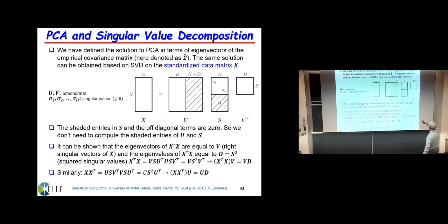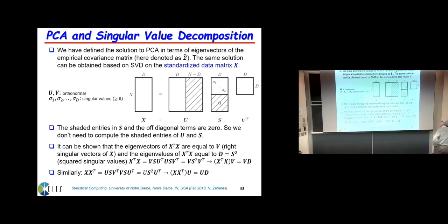This part here has on the diagonal sigma 1 through sigma D, and we will see what those mean. In linear algebra these are called the singular values. We will see if they are related to the eigenvalues we have seen. This part here is 0.